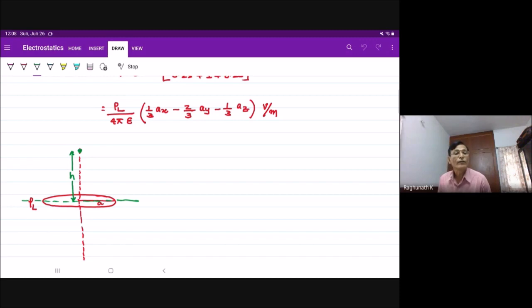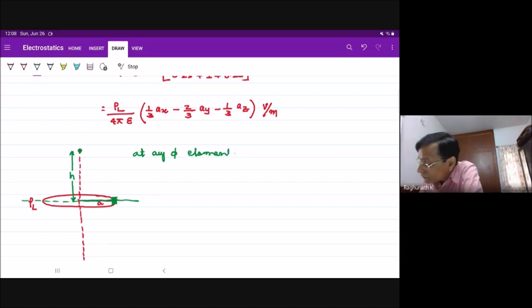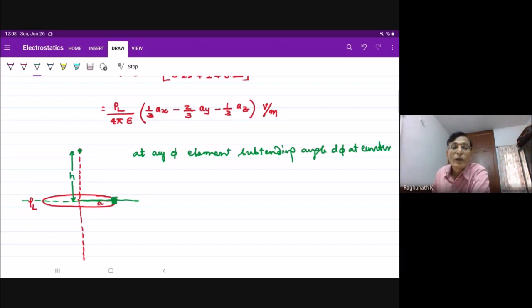I will consider this in cylindrical coordinate system where, listen, at any phi, because the circle is fixed, let us consider an element at any phi, element subtending angle d phi at center, having dl equal to a d phi, phi in radian. At any phi, general case.